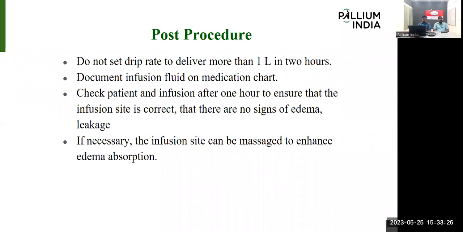Then we need to document the infusion and the medication in the chart. Then the first assessment of the subcutaneous site we need to do is 1 hour after starting the injection or infusion.